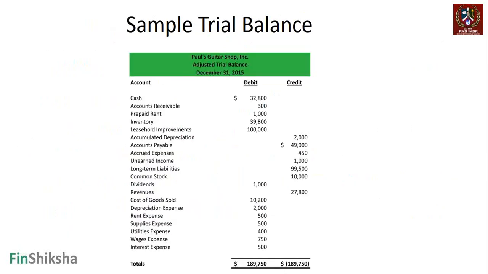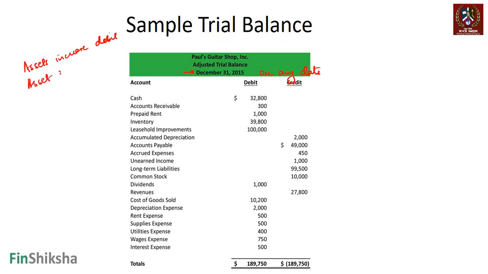A sample trial balance on a given date, right? So on any date it will look something like this. All your debits, all your credits will come. And now you can go back and put all your thumb rules once again in place. Assets increase is debit.